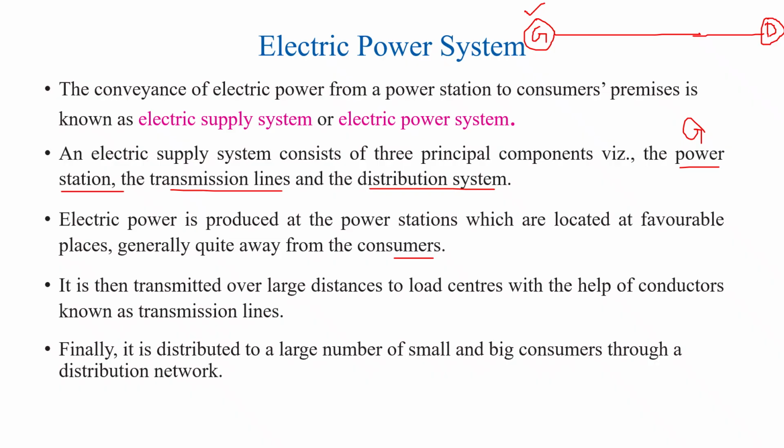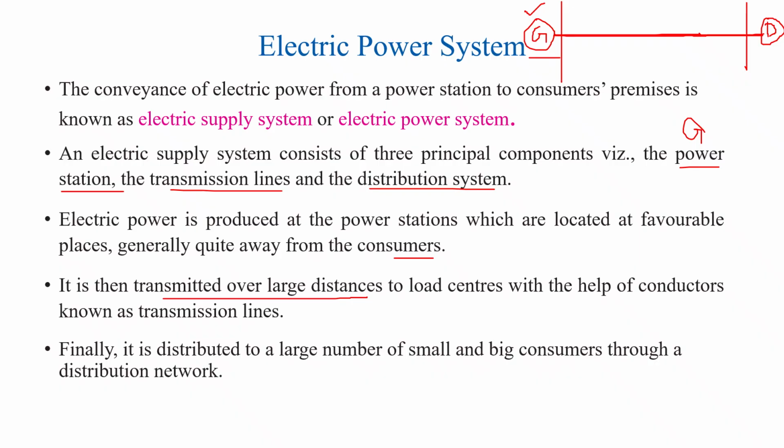The power generated in the power station is to be transmitted over a large distance to the load centers with the help of a conductor. The conductor that is joining the power station to the distributor or the consumer does nothing but help us transmit the power generated in the generating station to the consumers.